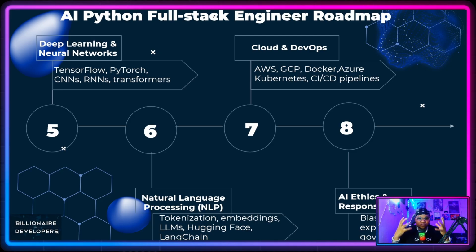And then you also want to do natural language processing. So think of how ChatGPT and your Copilot actually communicate. Those are primarily LLMs, and they were built on top of natural language processing, tokenization, embeddings, LLMs, LangChain. Those are just typical things that you can look into.